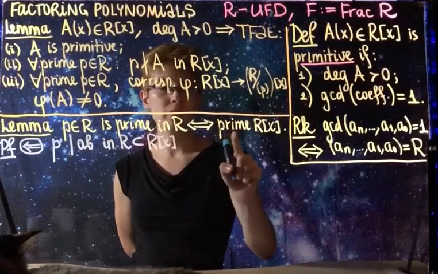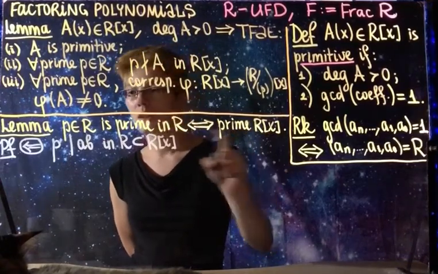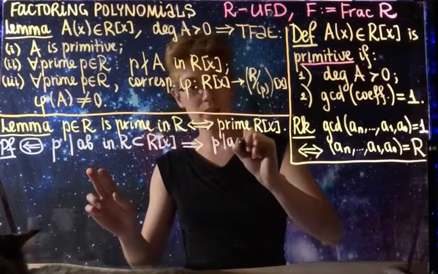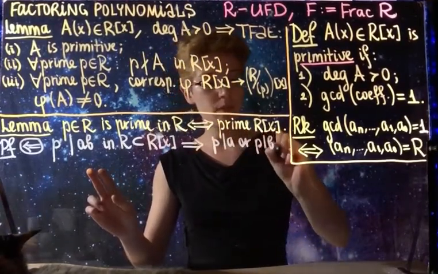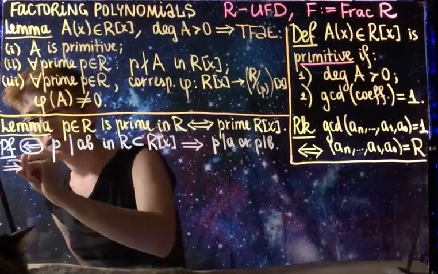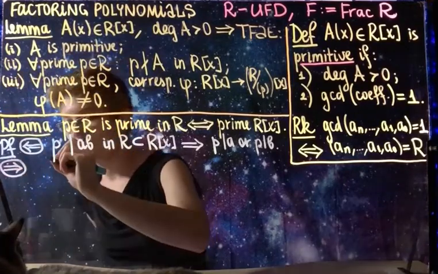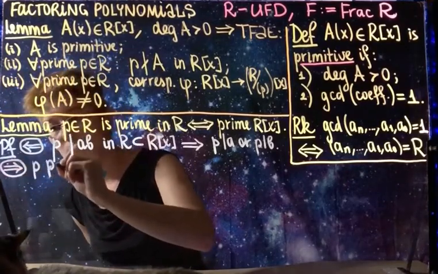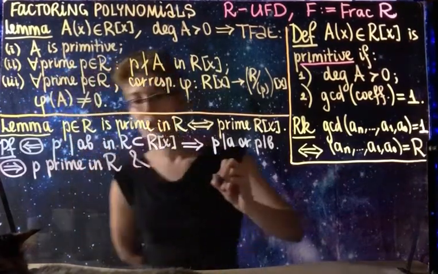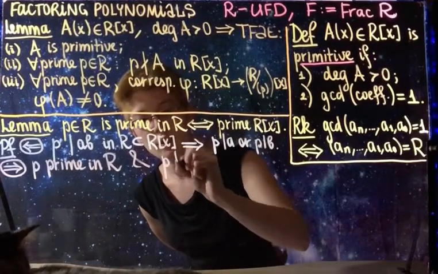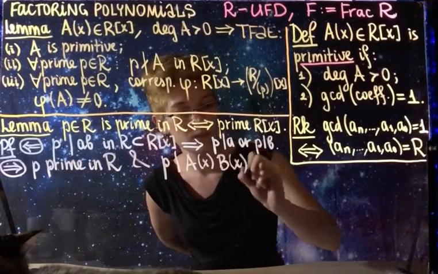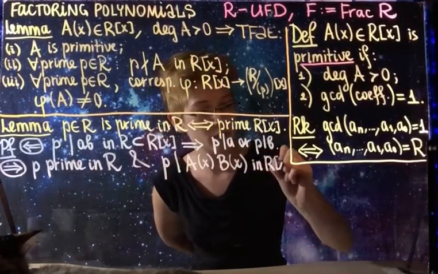And by primality of P in R adjoint X, we conclude that either P divides A or P divides B. So now the forward direction. So let us assume that P is prime in R and P divides a product of two polynomials, A and B, in R adjoint X.